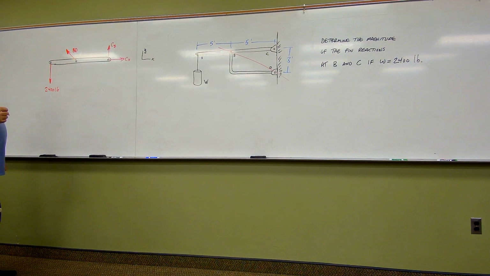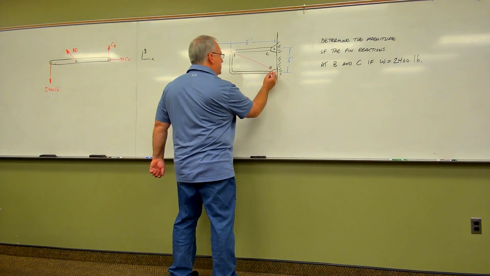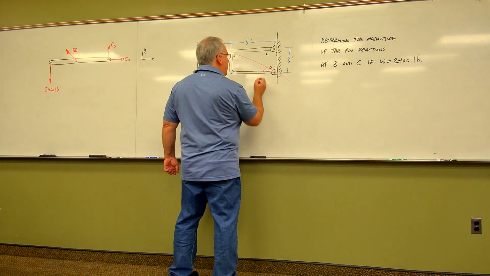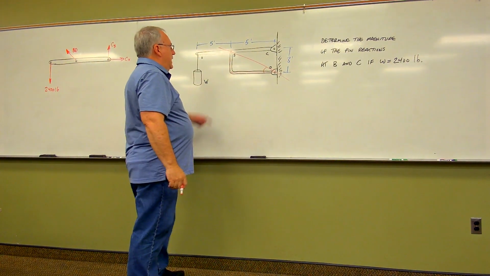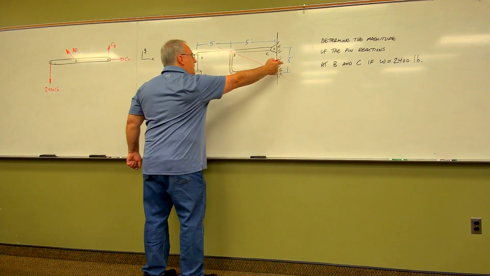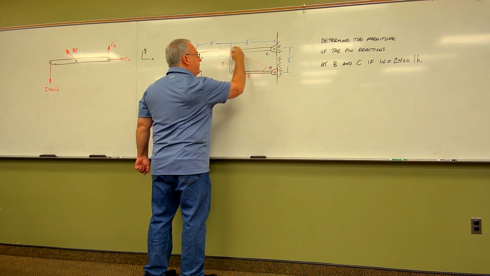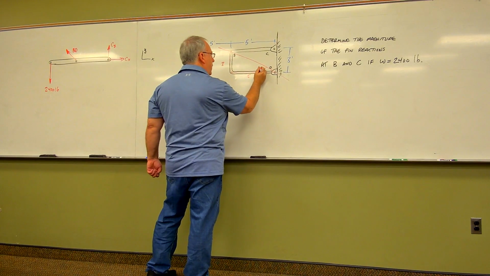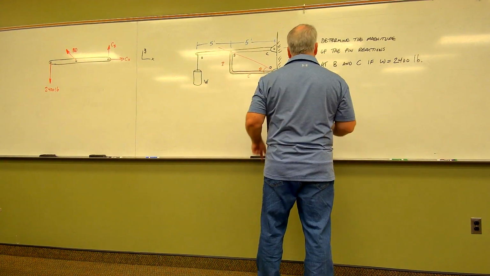What I don't have right now, though, is the angle. So let's get an angle on this thing. I need an angle right here. I see my triangle, just like that. I see the height of the triangle according to that dimension right there is 3. I see that the leg here is 5 according to that dimension right there. So if I call this angle theta, I've got the opposite leg and the adjacent leg.